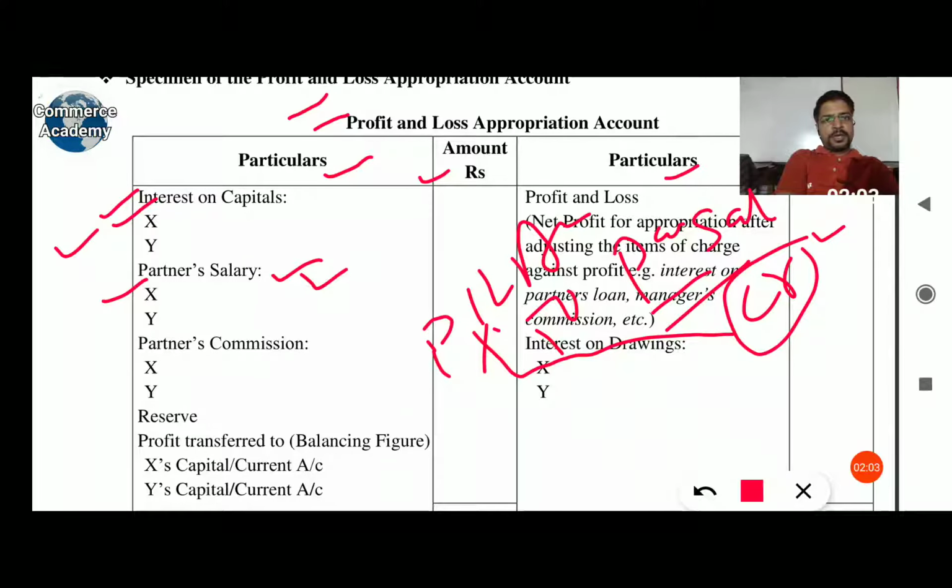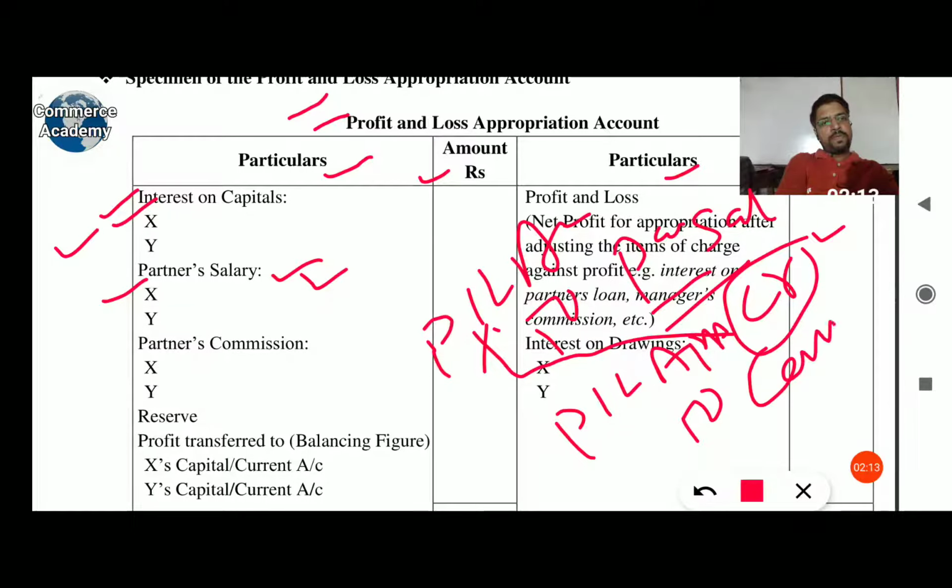Same way, commission: profit and loss appropriation account Dr to commission account. So commission is credit, and at the time of transfer it is debit.